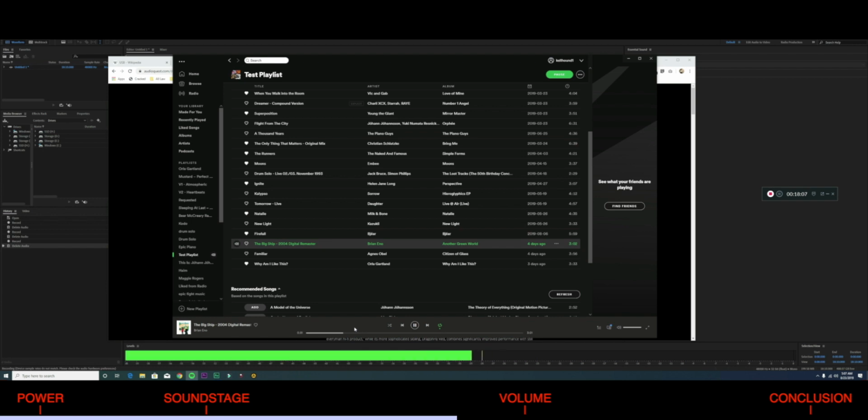It builds up slowly from the background and brings it up into the middle of the mix. And that first instrument that came in is still prevalent. That's probably ahead of everything else right now. And there's good soundstage.